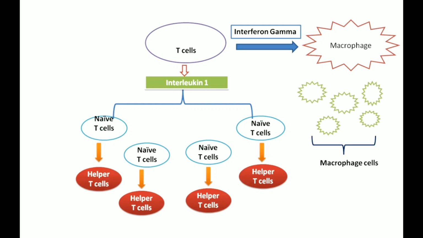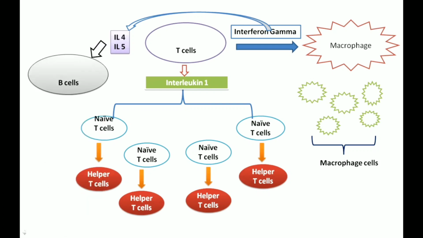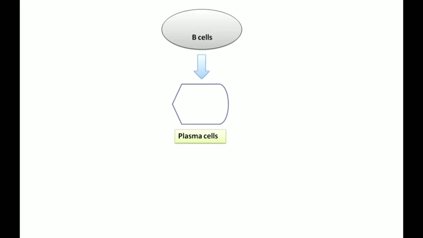So different types of macrophage cells are produced with the help of interferon gamma, and finally interleukin 4 and 5 will signal the B cells. This interleukin 4 and 5 will signal the B cell to mature into plasma cells.